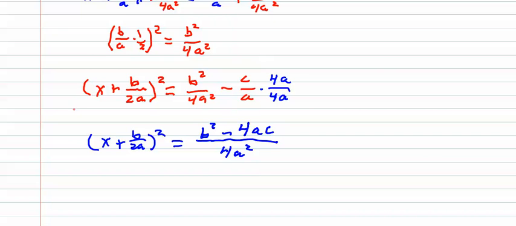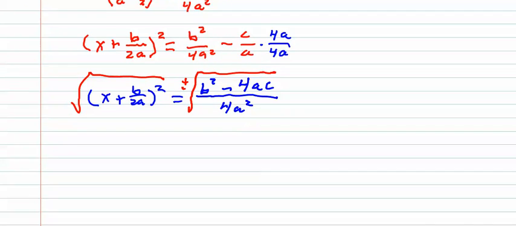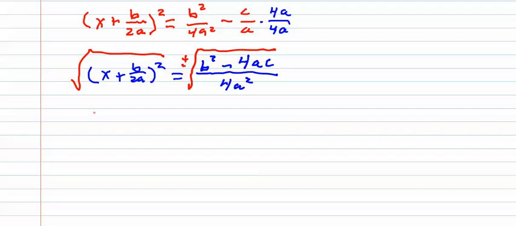Now we need to square root both sides, plus or minus. And the left side is very simple. It's just x plus b over 2a equals plus or minus. Now I'm going to break up the numerator and the denominator.